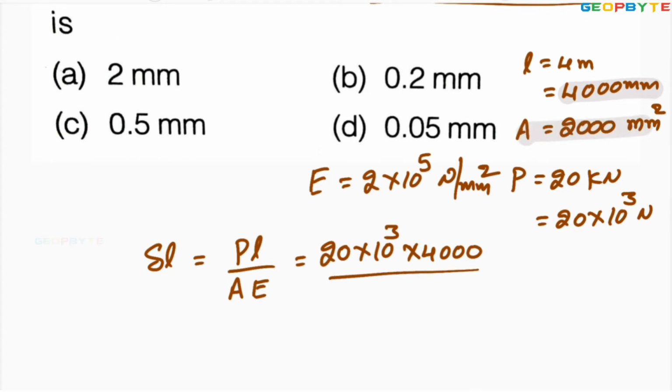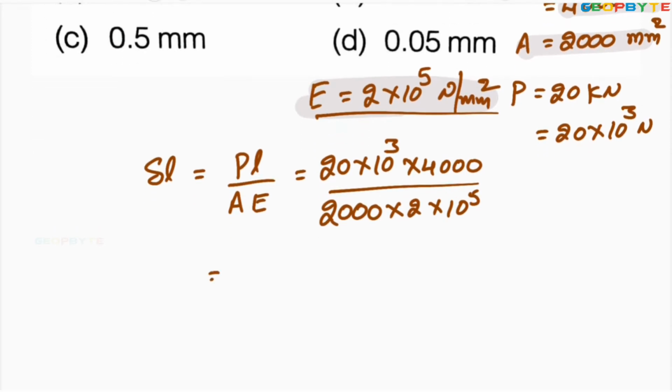Area of the cross section is 2000 multiplied by the Young's modulus. The Young's modulus value is 2 into 10 raised to 5. You simplify this value for getting the change in length, approximately 0.2 millimeters. This is the change in length.